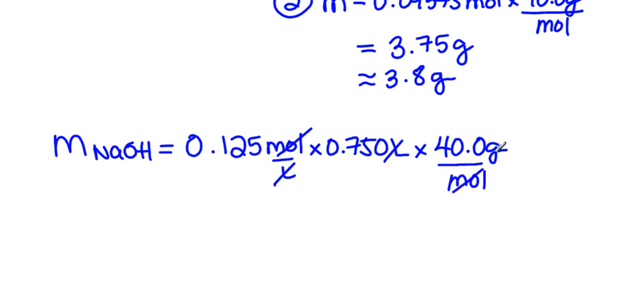And then you're left with grams for your unit, so you know you've done the unit analysis properly. And then in your calculator, you would do 0.125 times 0.75 times 40, and it would give you the same thing, approximately 3.8. So if you like those multi-step calculations put into one unit analysis line, you can definitely use that here. If not, you can stick with a two-step problem and you're okay.